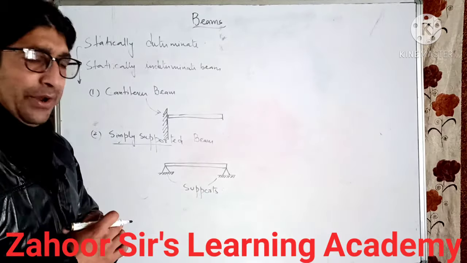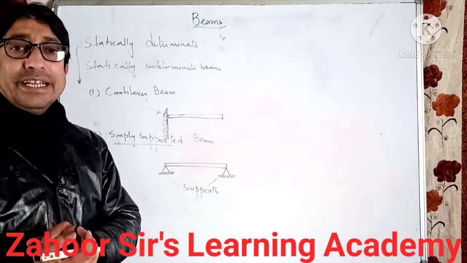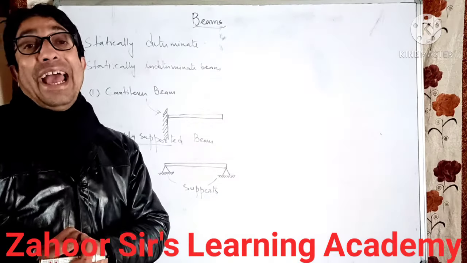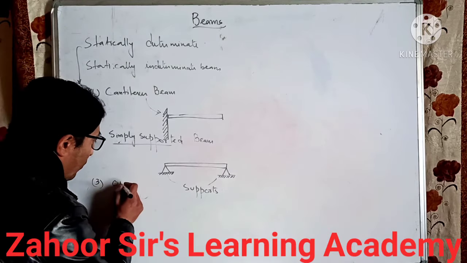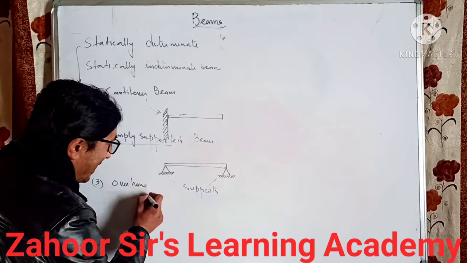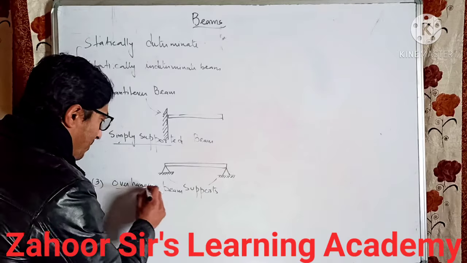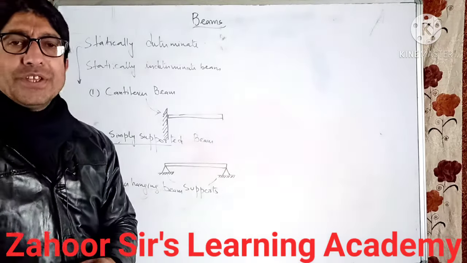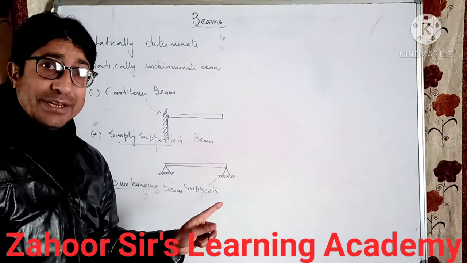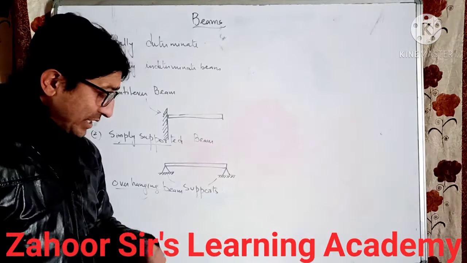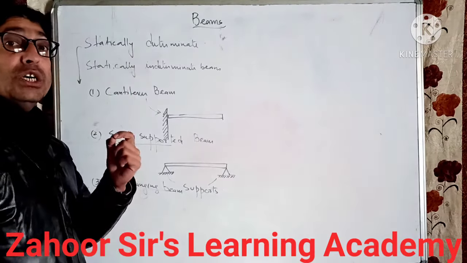There is one more beam in the category of statically determinate, that is the overhanging beam. That is the third type. Overhanging means the other end is overhanging.